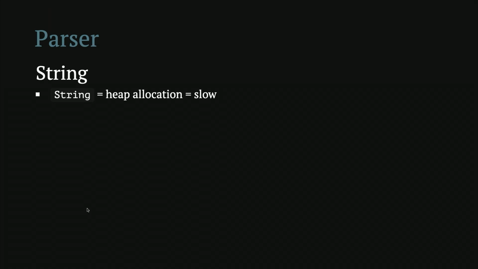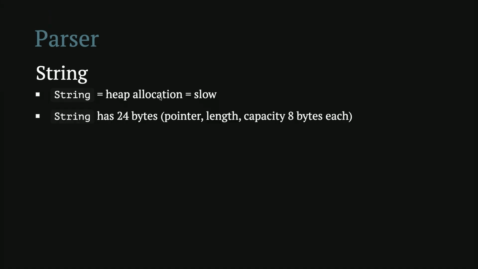So in Rust or in JavaScript, you will do heap allocation, which is really slow. And a string has 24 bytes. So it has a pointer, a length, and a capacity. What you want to do is remove this heap allocation for the program.